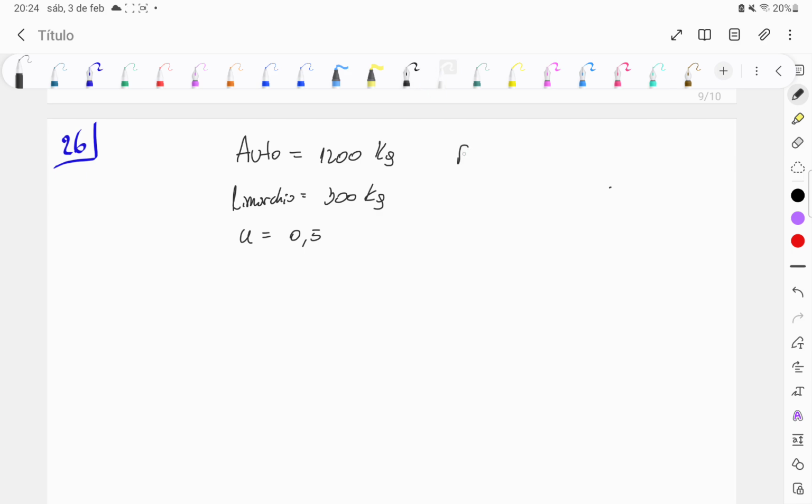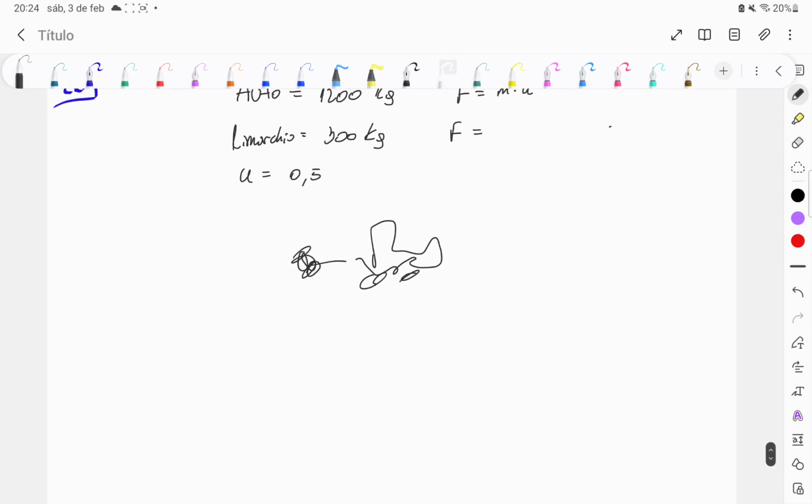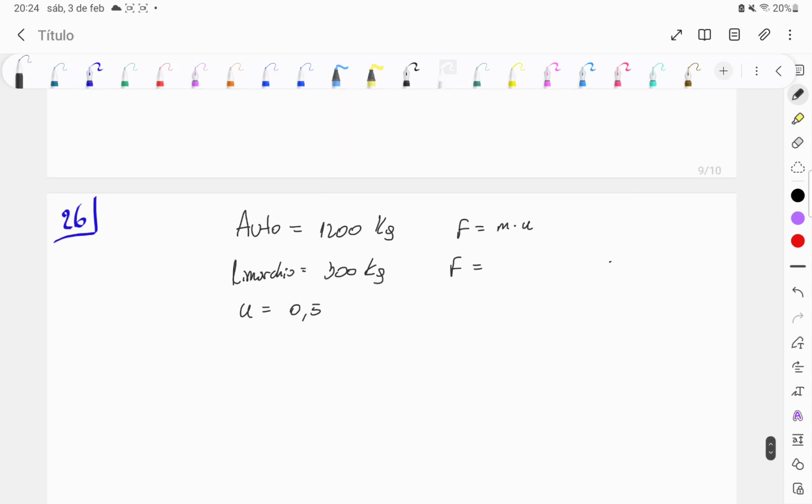Again, the force is equal to the mass multiplied by the acceleration. The force, we don't know it. The mass, how much is it? This plus this, because you can think of it as only one body. Like if this is the car, the machine, yeah? And this is the trailer. No one cares if you do like this. Like all of this is one thing, it's the same, for physics.